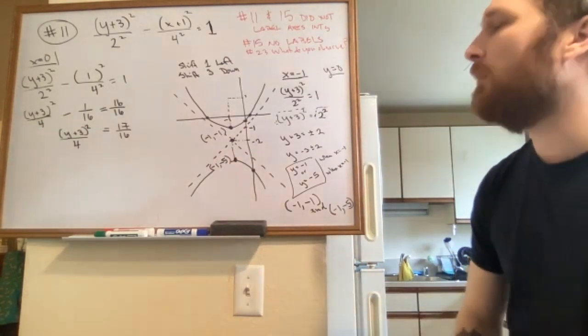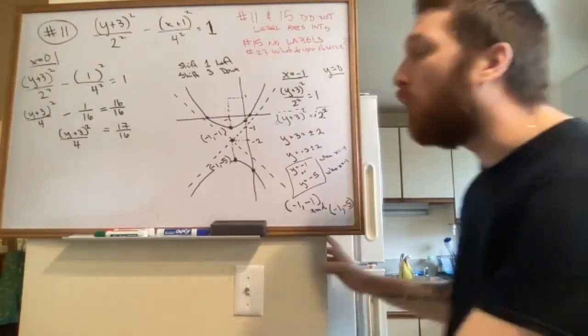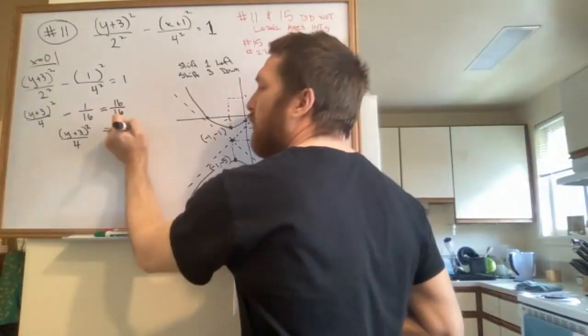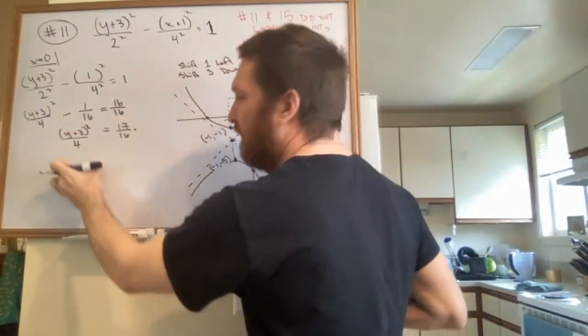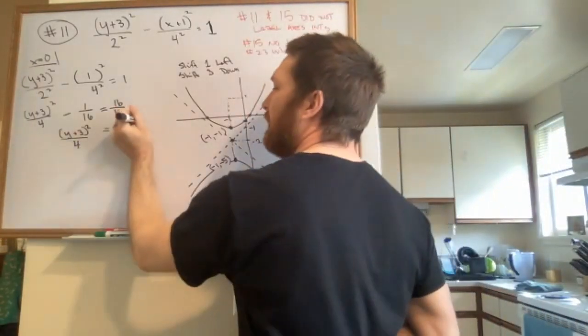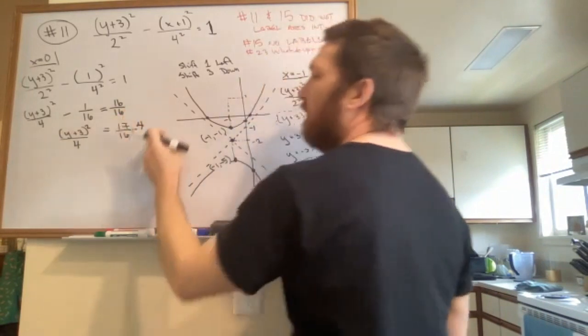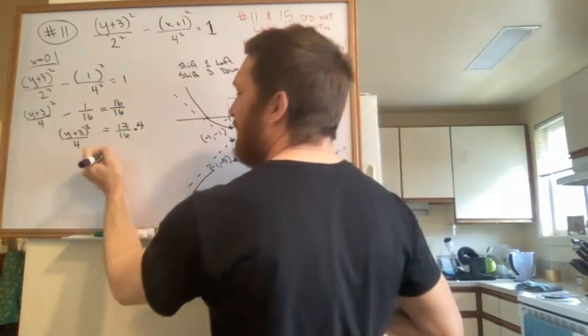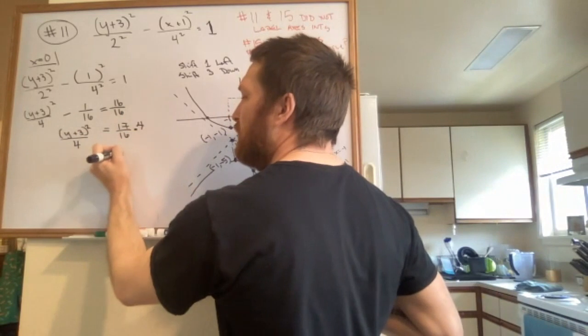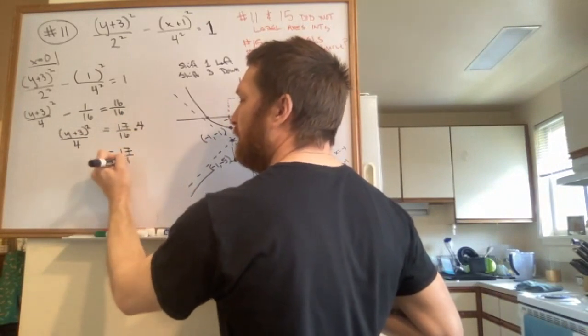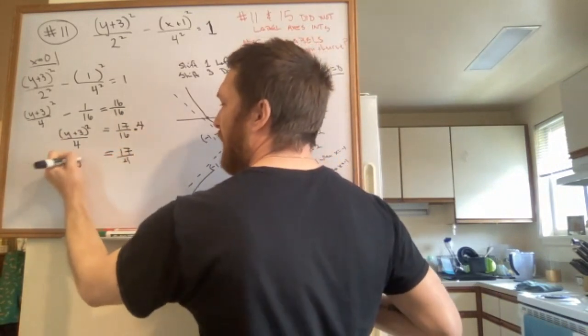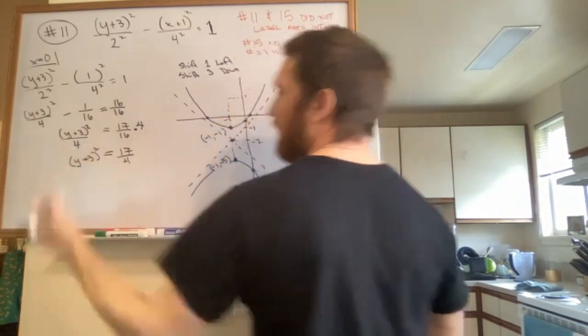Okay, so now I'm going to multiply both sides by 4. Doing that, or I could just think about that as bringing the 4 up into the numerator over here. 4 on top is 16 on the bottom. That's going to reduce down to 17 over 4. Nice. (y plus 3) squared is that guy.